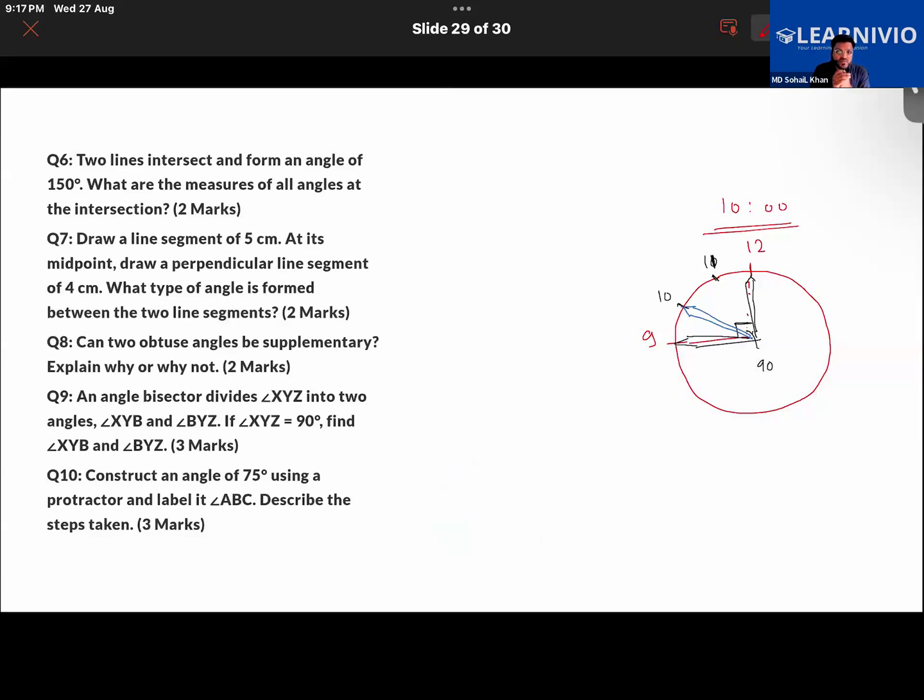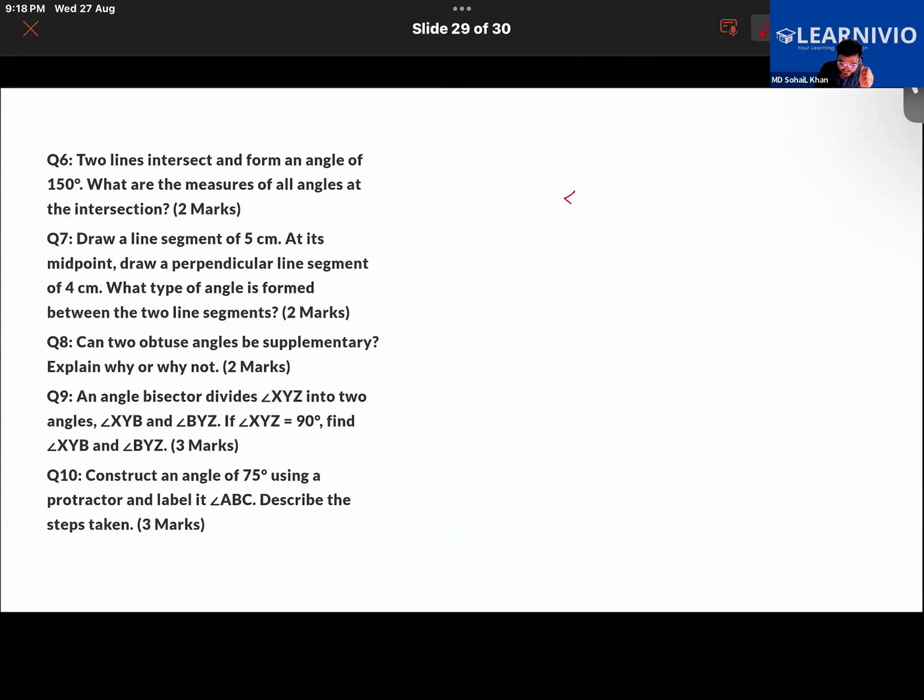Question number 6, Laksh, you were not able to understand this. Question number 6 says that two lines intersect and form an angle of 150 degrees. There are two lines. One line is like this, and another line is like this.